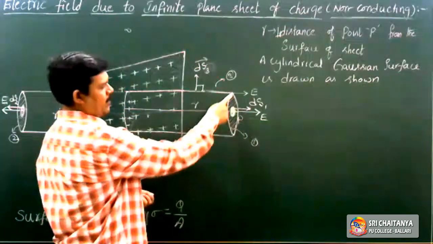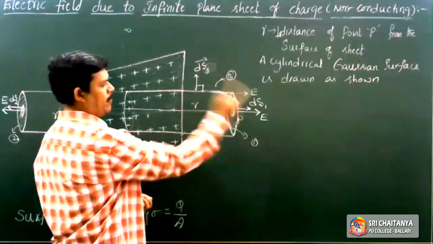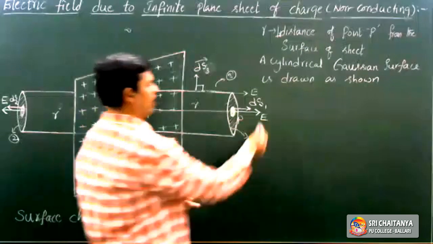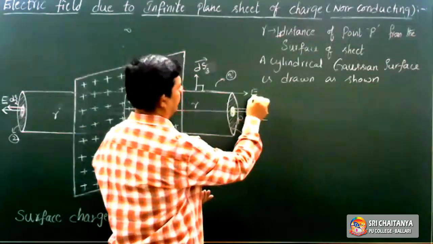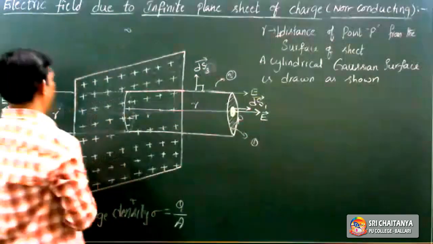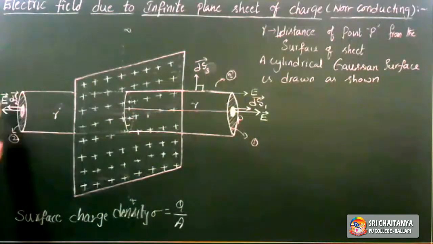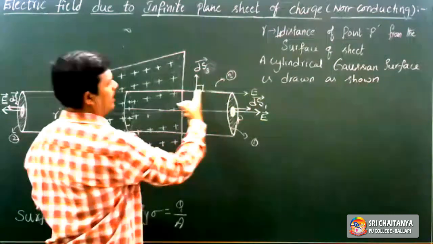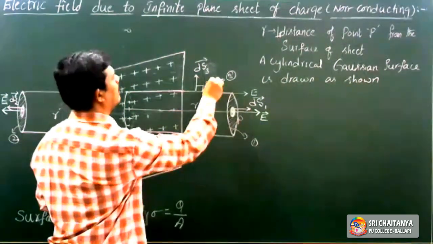See, for this surface, E and ds1 are parallel, the field direction and the area vector direction. For this surface, the E direction and ds direction are parallel. For this curved surface, the E direction and ds direction are perpendicular, right?